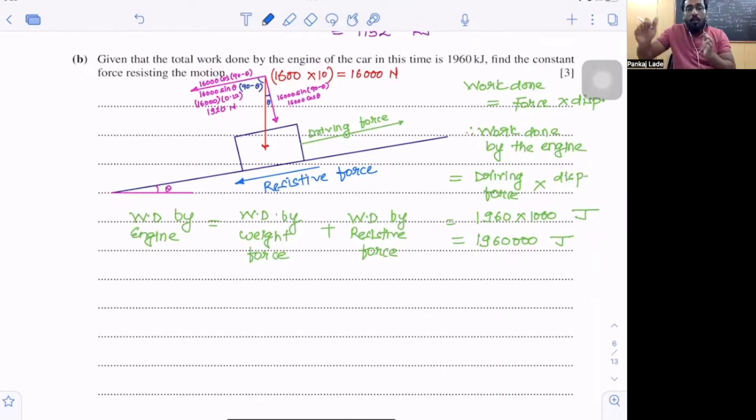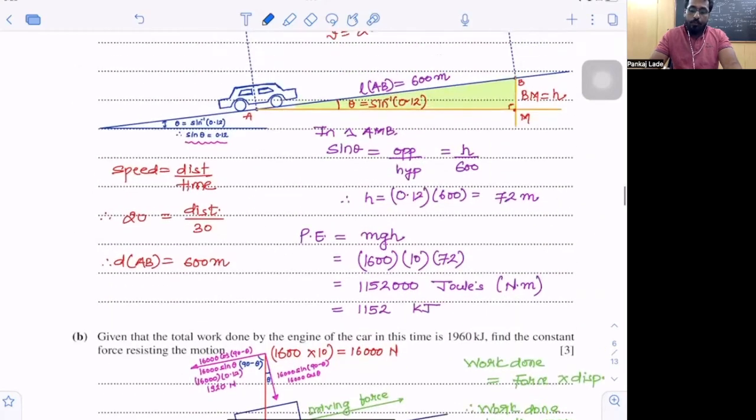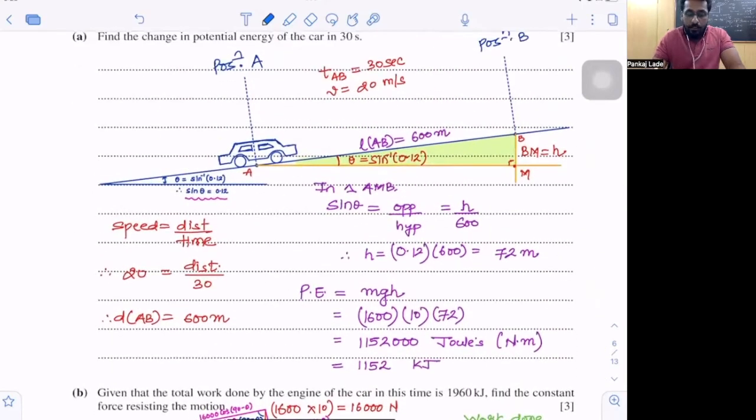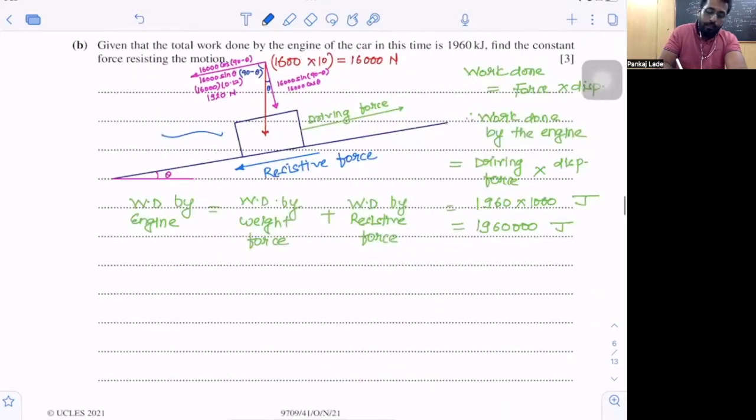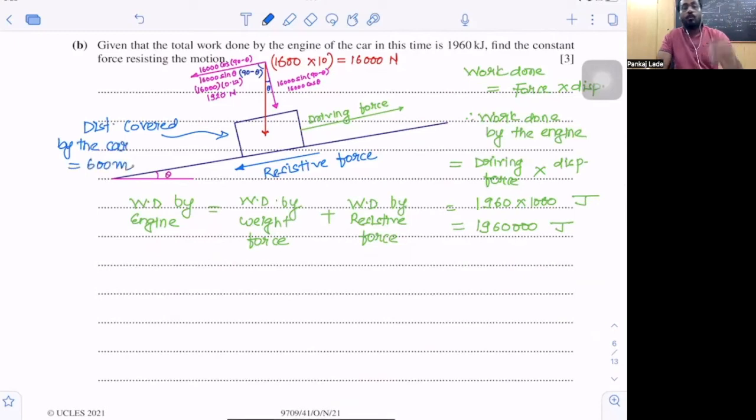Now, by how much is the car moving? The car is moving by a distance of 600 meters, right? So the distance covered by the car is 600 meters. The engine is doing a work of 1960 kilojoules to move the car by a distance of 600 meters.